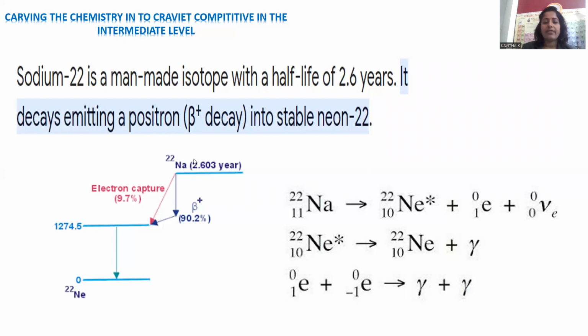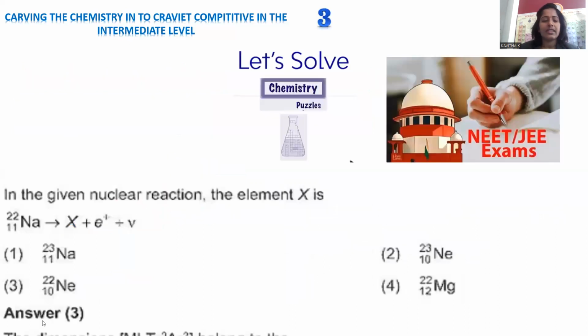So when beta plus decay is observed for sodium-22, it is converted into neon-22. The atomic mass remains the same, but atomic number 11 turns into 10. So sodium is converted into neon by positron emission. This is how we can clearly see it. So the correct answer is option number 3. For question number 3, option number 3 is the correct answer.